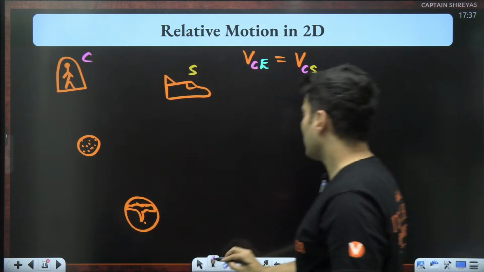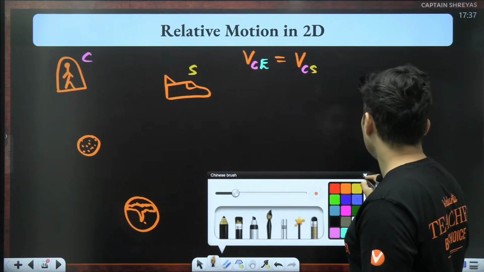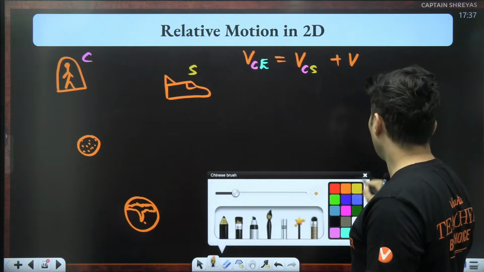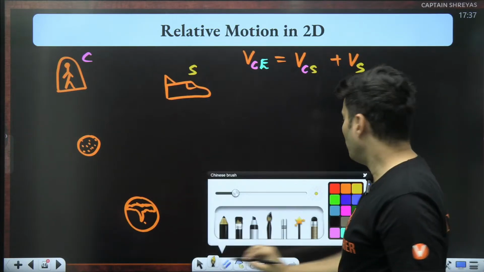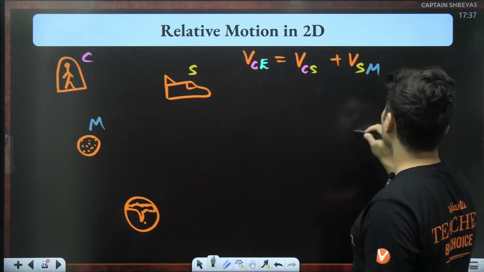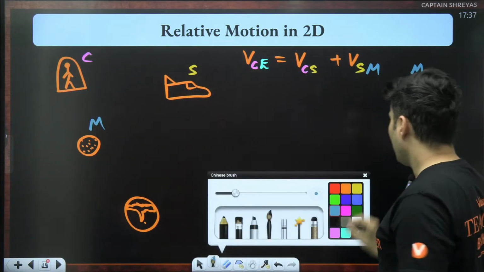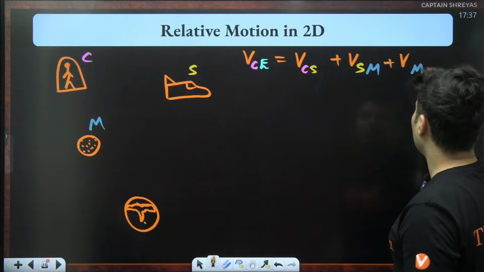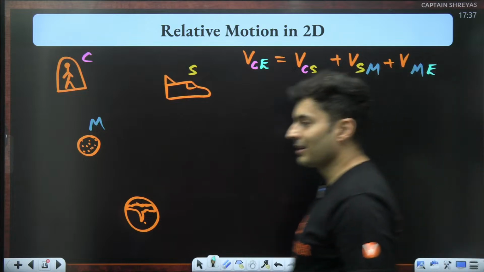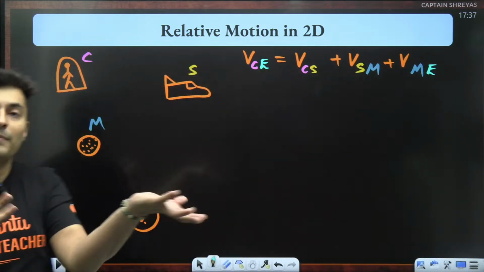Sir, the spaceship's velocity I know with respect to the moon. The moon is over here. And then finally, I know the velocity of the moon with respect to the earth. So I'll end it over here like this. And each of them can be given to you.